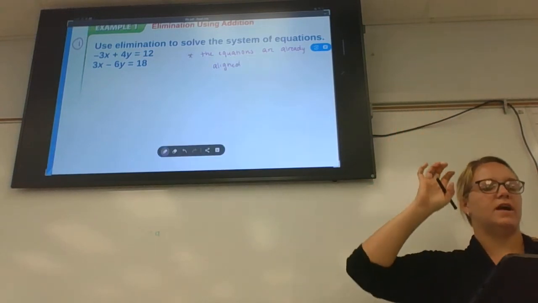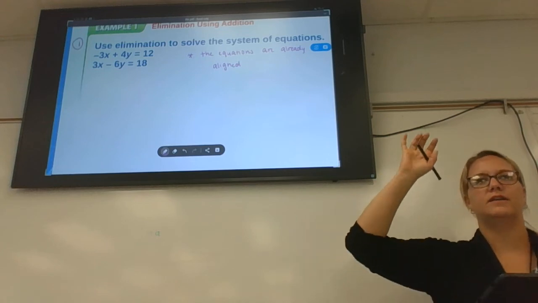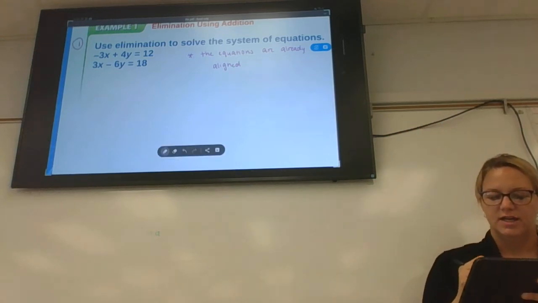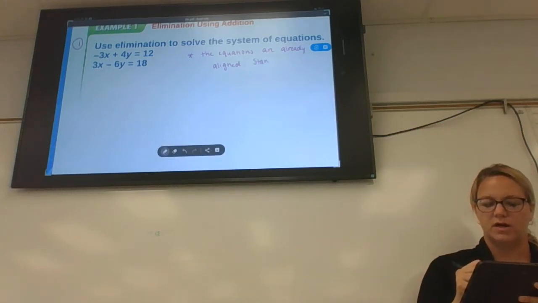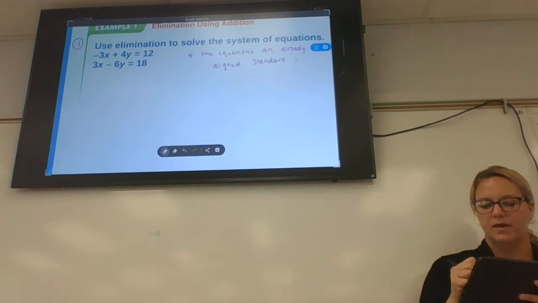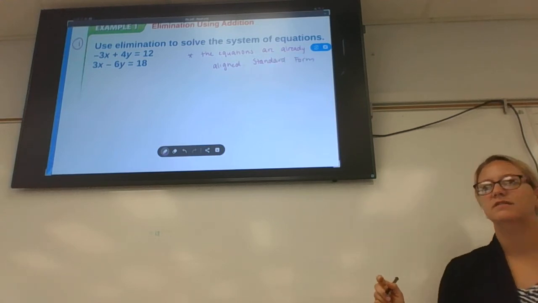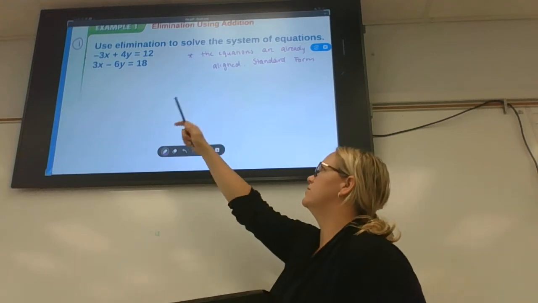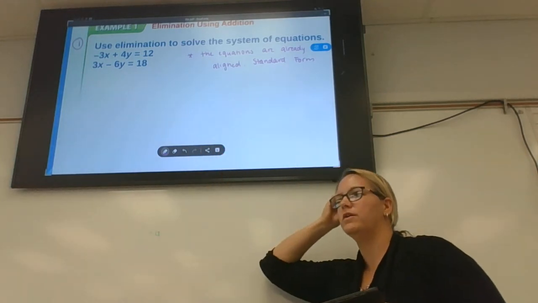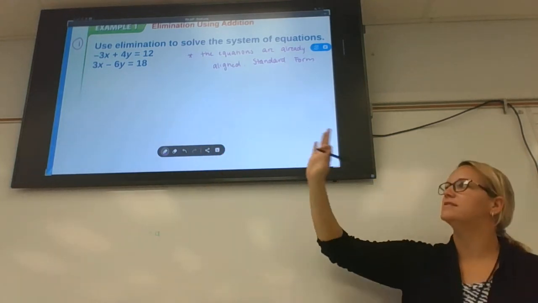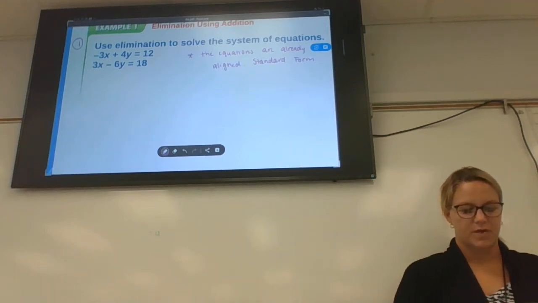The x is over x, y is over y, the constants over the constants. These equations, as a review, are in standard form. Would you want to graph these? No, you'd have to rearrange both of them to get y alone to make them nice for graphing. So this is not a good problem to graph.